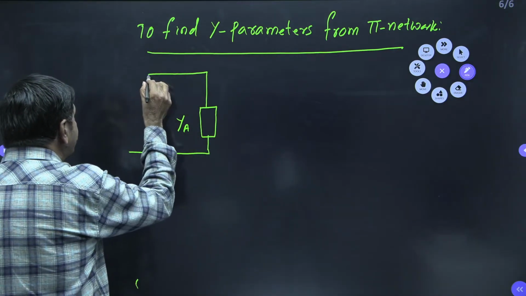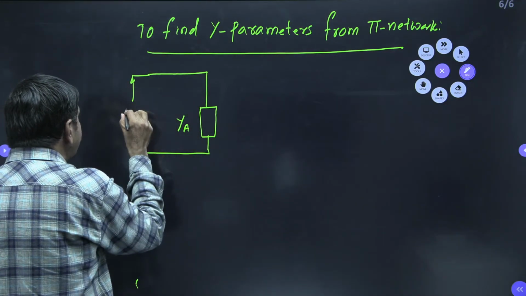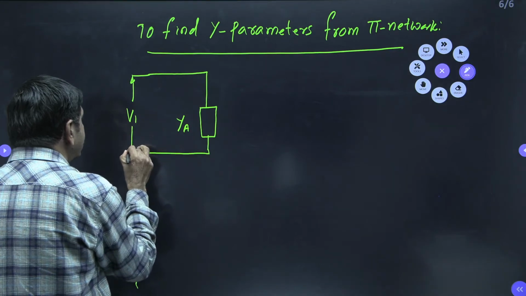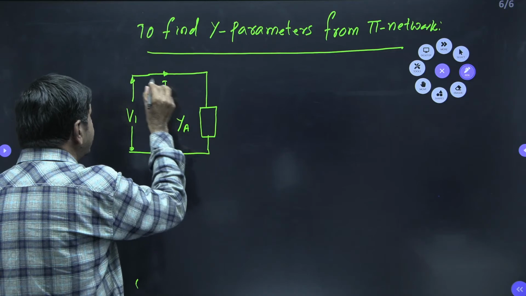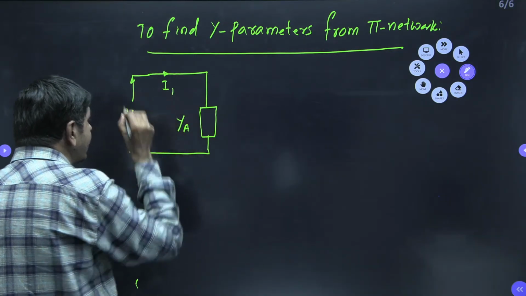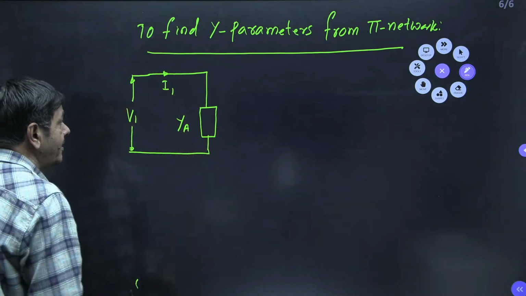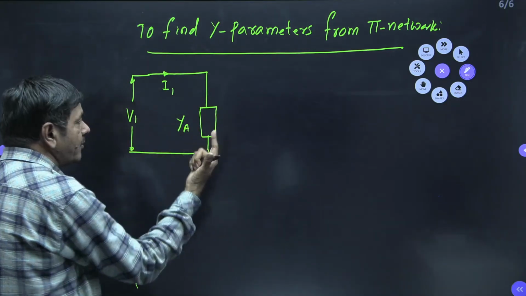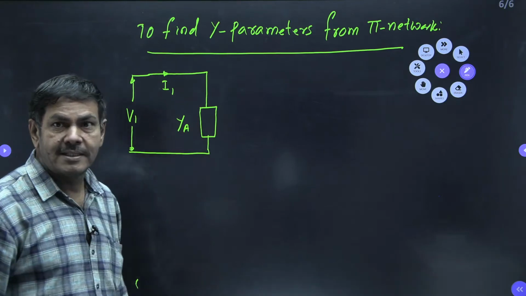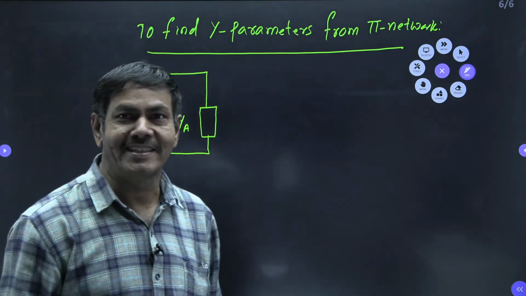The voltage between these two terminals, I want to take as V1. This is the supply current, I want to take it as I1, not through the YA. The current which is passing through this YA is nothing but V1 into YA only, no doubt.